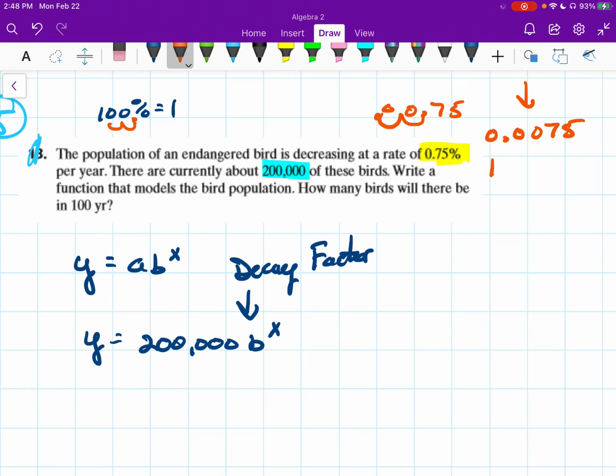Our decay factor is going to be 1 minus 0.0075. If we had a 1, that would mean that nothing changed. That's like 100%, everything stays the same, but we're decreasing by 0.75%, so we have to take away 0.75%. Whenever we subtract that, we should get something like 0.9, what is that? 0.9 something. 0.9925.